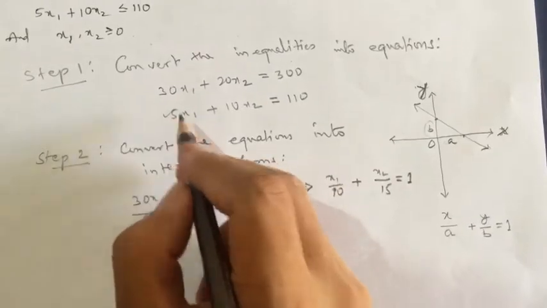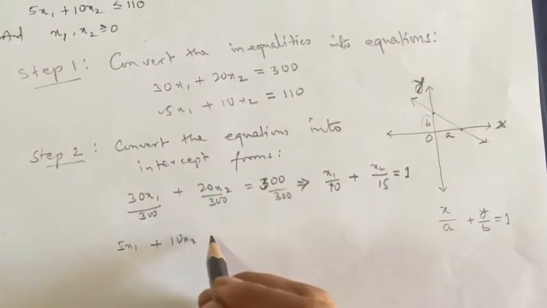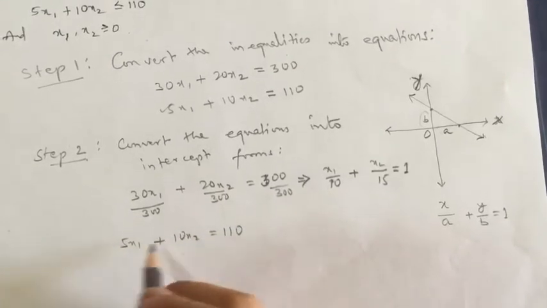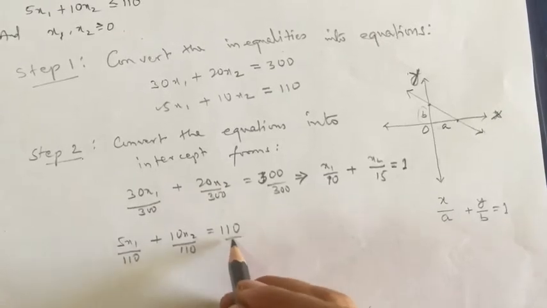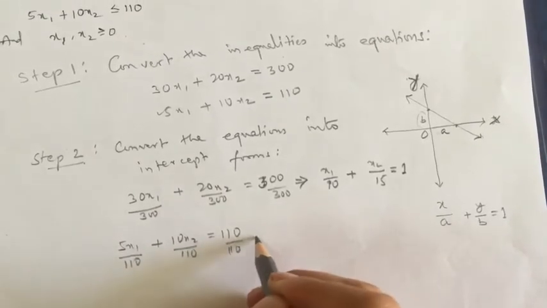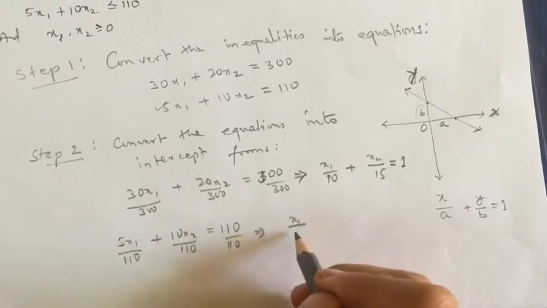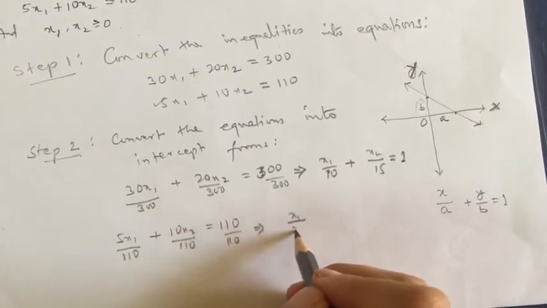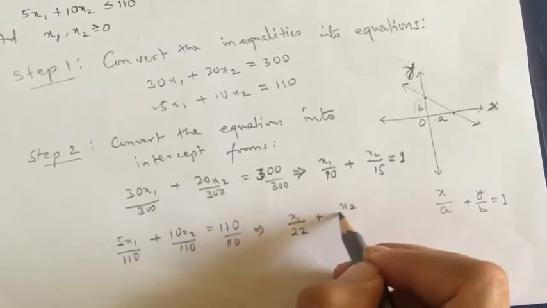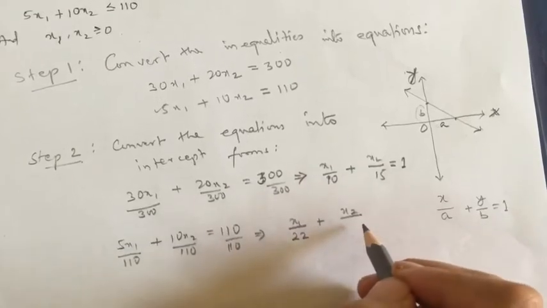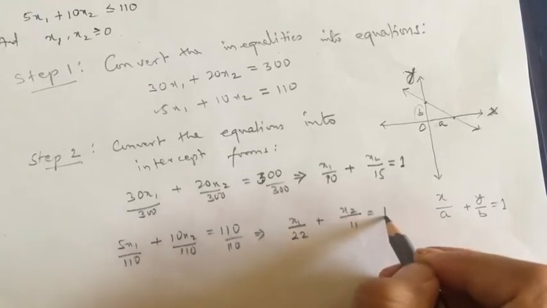Similarly, the second equation: 5x1 plus 10x2 equals 110. If we divide the whole equation by 110, x1 by 22 plus x2 by 11 equals 110 by 110, which is 1.